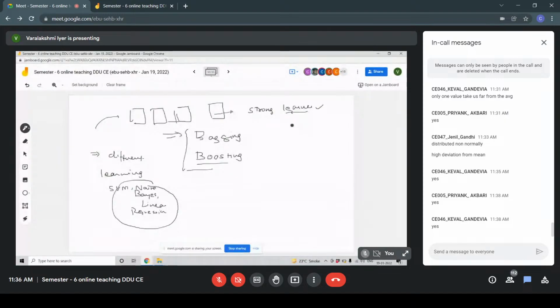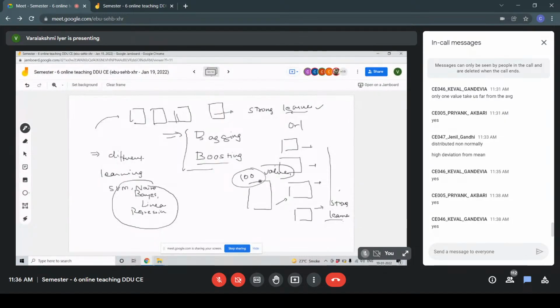Another method is that we can create different learners and pass a different training data set to each model, and then create one strong learner. But both of these methods have a certain drawback. For example, if the training set has approximately 100 values, and we create subsets of these, it is possible that each model trained on a subset will have very high overfitting.